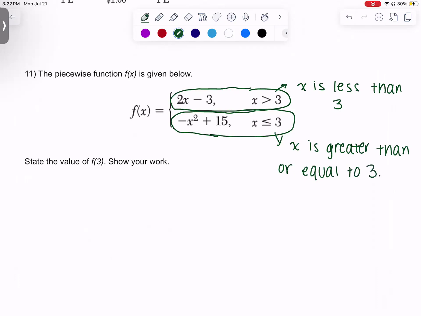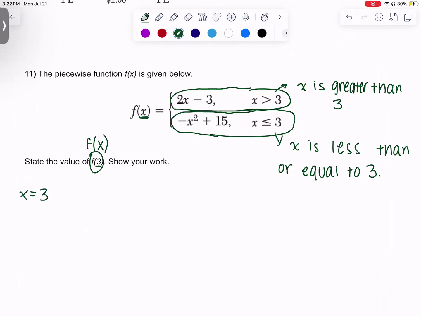3. And I realize my signs are wrong. The first one is when x is greater than 3. And the second one is when x is less than or equal to 3. It didn't really matter though, right? Because here they're asking for f of 3.